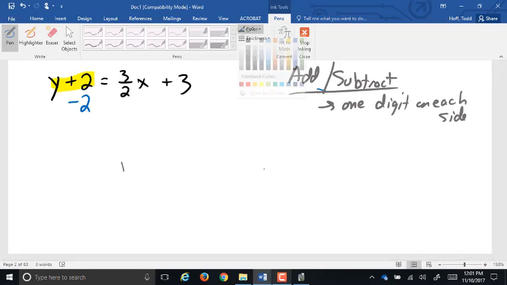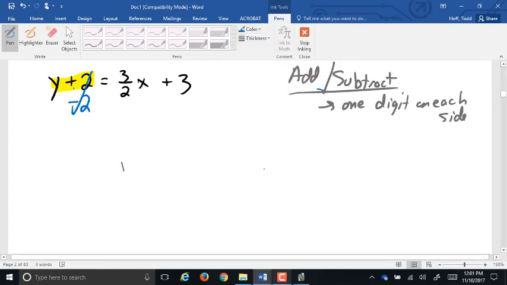So subtracting 2 over here gets rid of that plus 2. Where do I subtract 2 on the other side? From the 3, because that's the only thing with the same name, right? The only thing that's ones. So 3 minus 2 is 1, and I still have the 3/2 x.